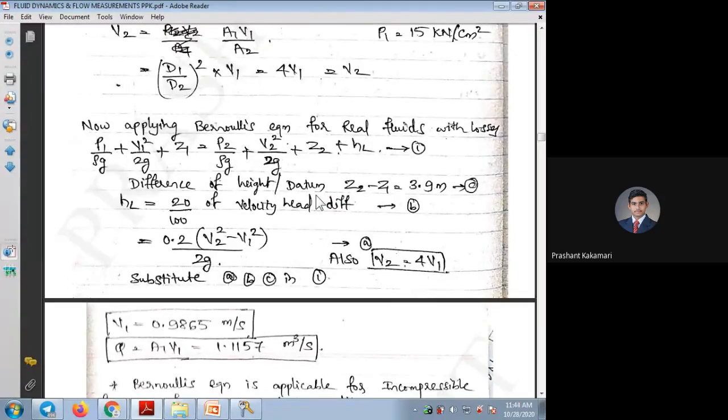Once you check this velocity 1 or velocity 2, we'll stop the class. Here velocity 1 is coming around 0.9865 meter per second. As per that V1, discharge is around 1.1157 meter cube per second.